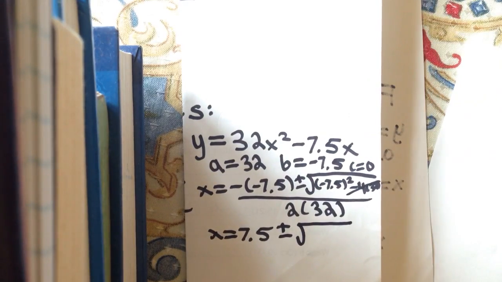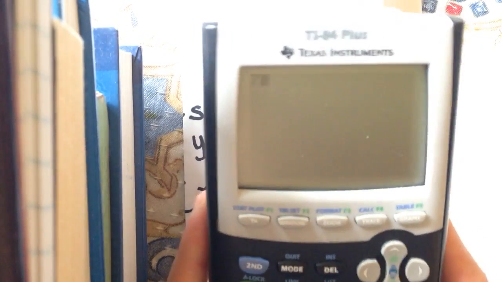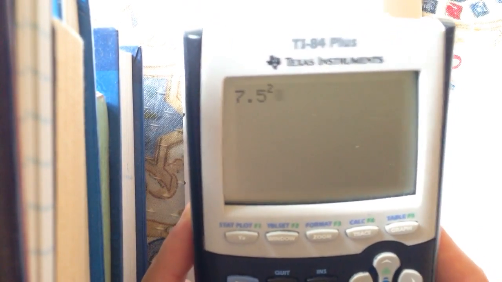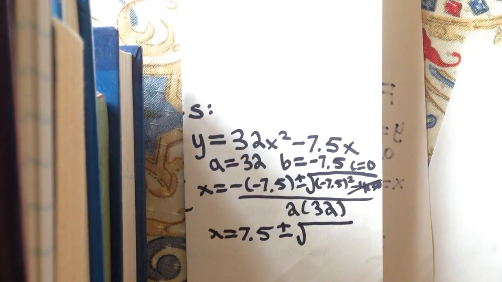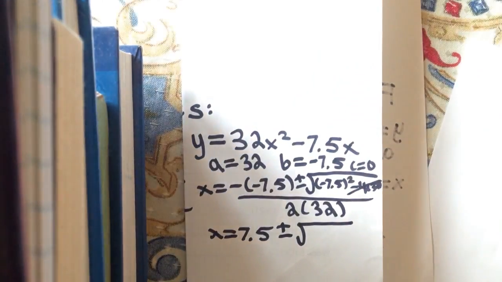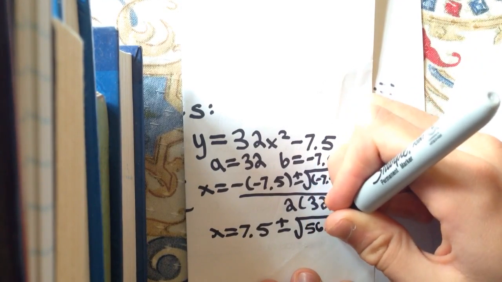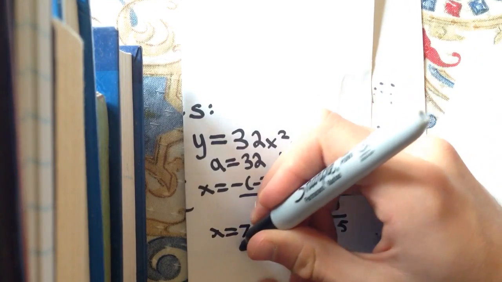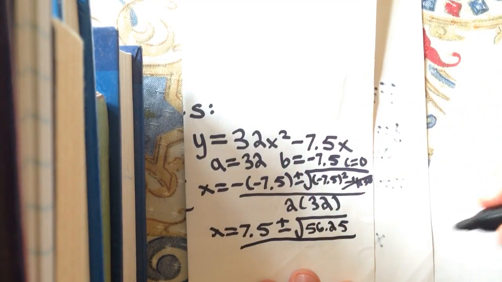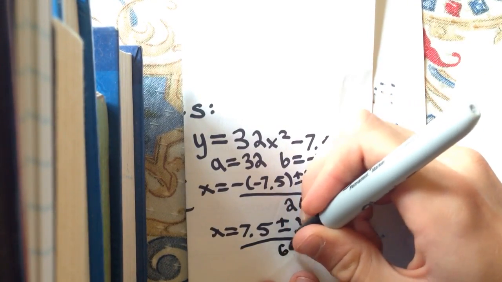Let's see what 7.5 squared is. 7.5 squared is 56.25. And all that is divided by 2 times 32, which we all know is 64.